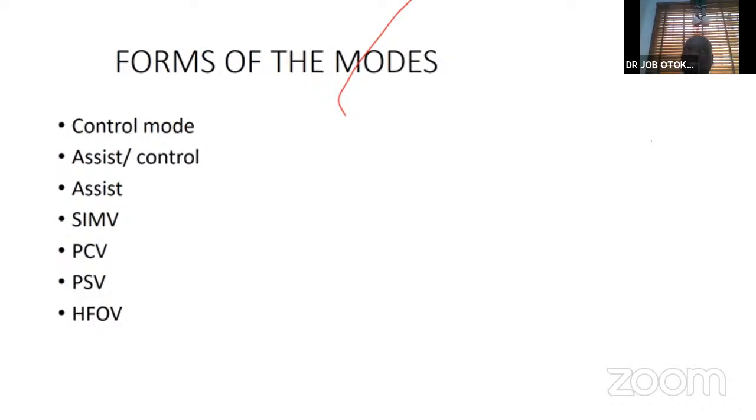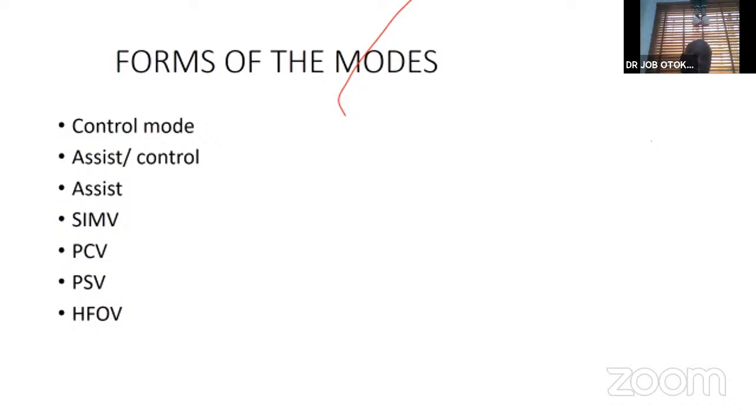Control mode, the machine is doing everything. Assist control, the two are sharing. The machine will deliver some mandatory breaths, but sensing what the patient does, it delivers some form of it and supports the efforts the patient makes. Then the assist means the spontaneous breath. The patient is making effort, breathing on his own, and then initiates and terminates it.